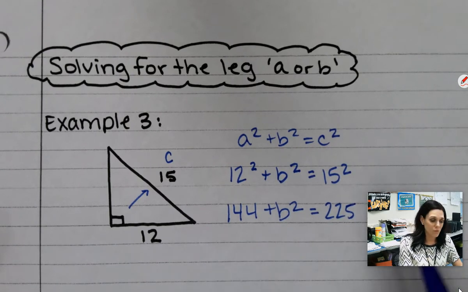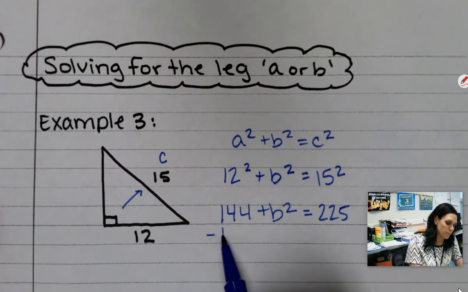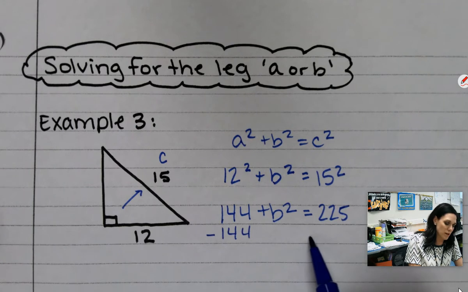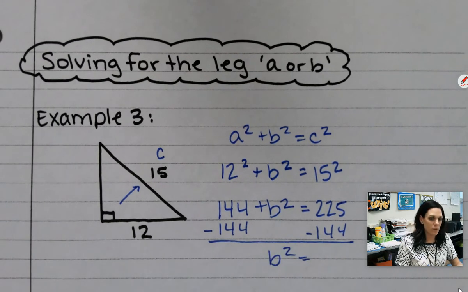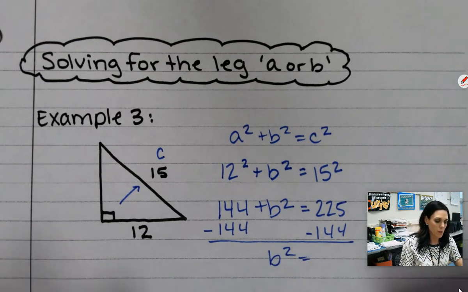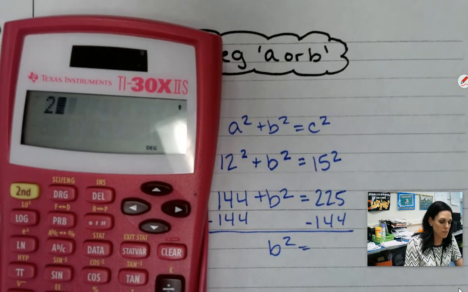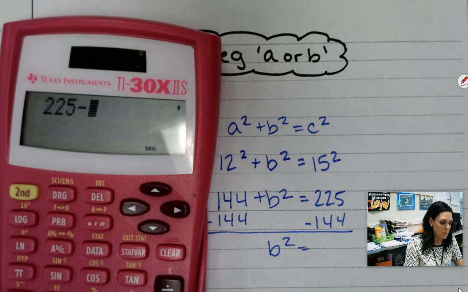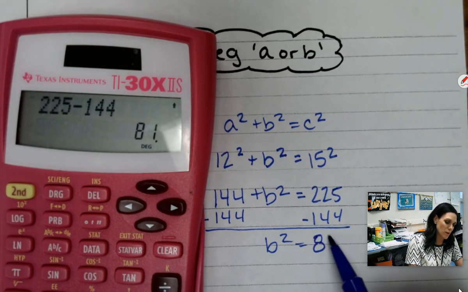My 144 is in the way, so I've got to get rid of this plus 144. So I'm going to subtract 144 from both sides. So my B value when he is squared is whatever 225 minus 144 is. I have to pick up my calculator if I can't do this math myself. 225 minus 144, and I'm going to see that my B squared is 81.